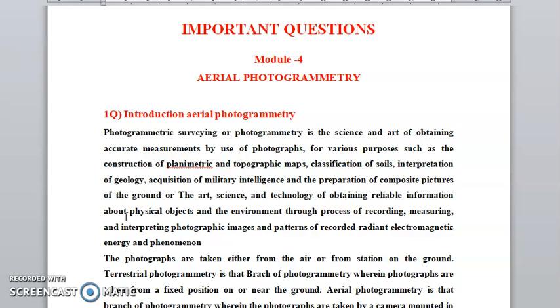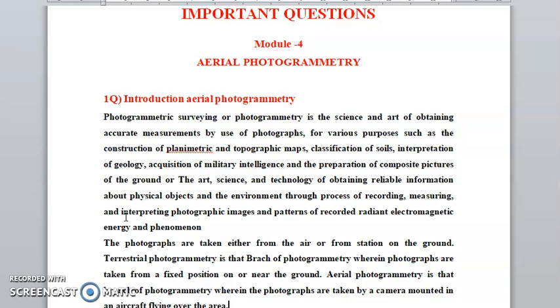It is the art, science and technology of obtaining reliable information about physical objects and the environment through the process of recording, measuring and interpreting photographic images and patterns of recorded radiant electromagnetic energy and phenomena. The photographs are taken either from the air or from stations on the ground.